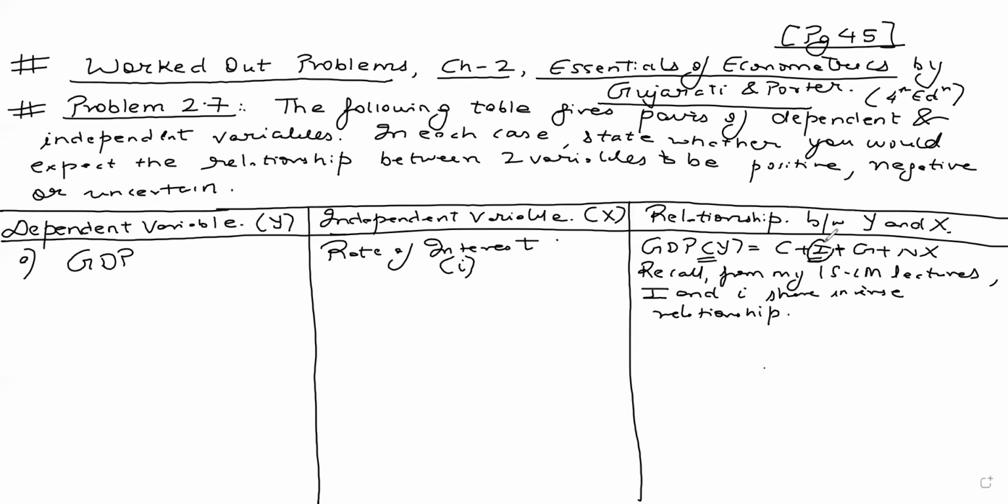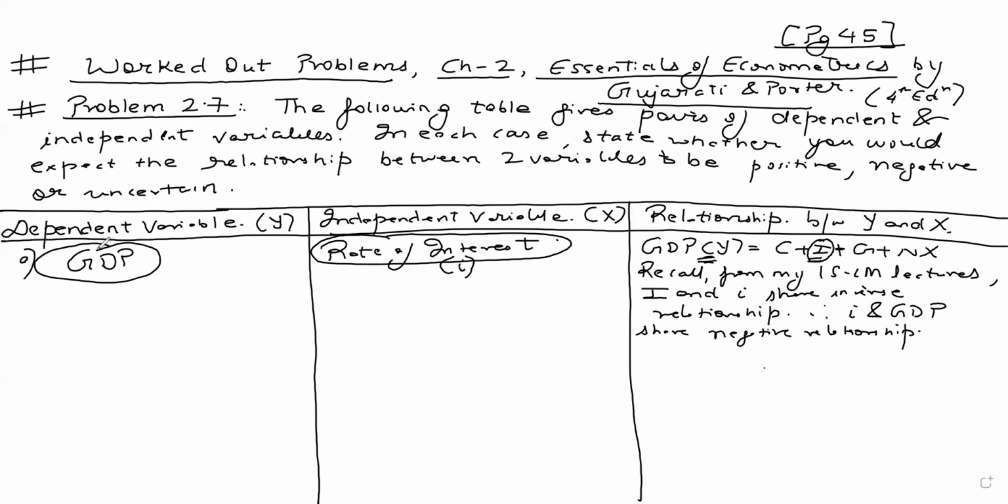And since capital I is also an important component in determining the GDP of the economy, I can say that therefore interest rates and GDP share an inverse, negative relationship. So I can say that an increase in the rate of interest will reduce the GDP of the economy via a fall in investment.